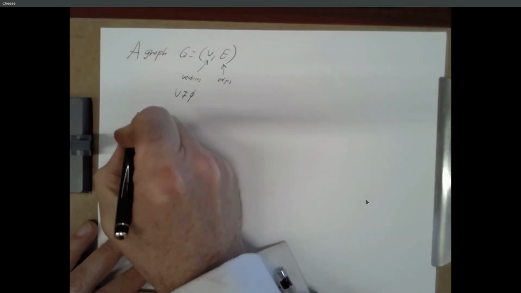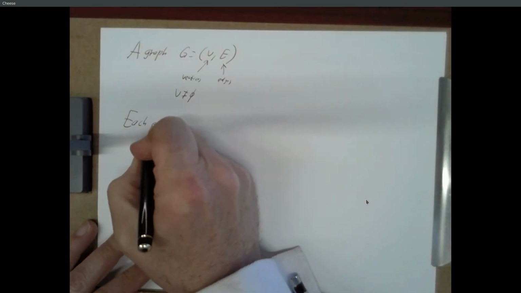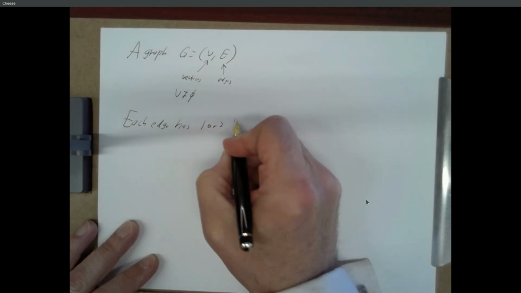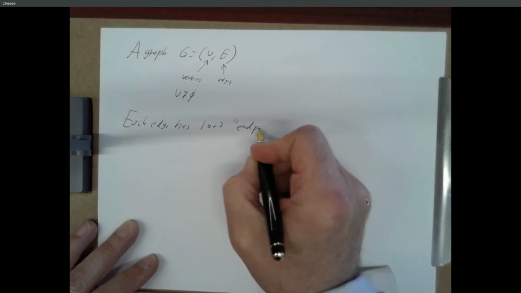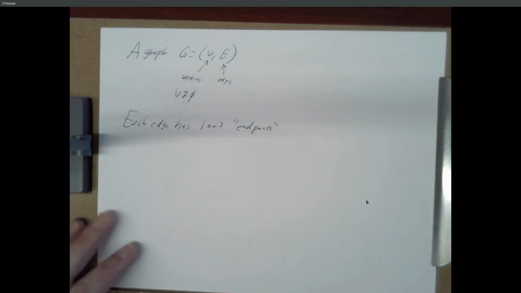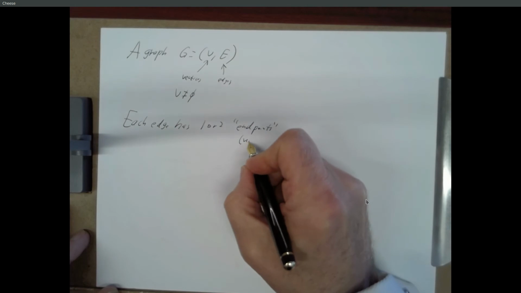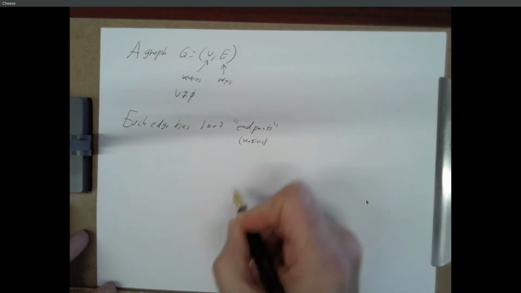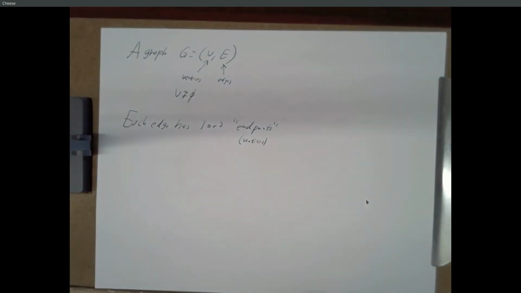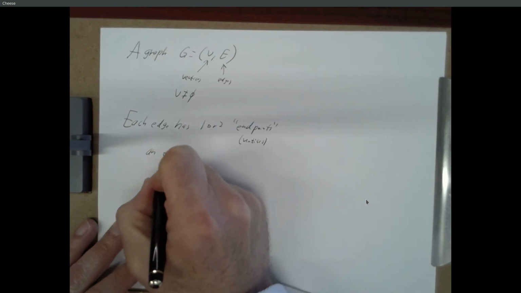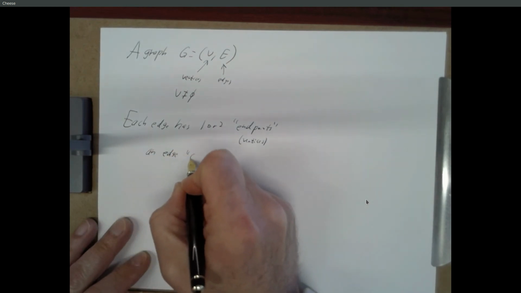Each edge has one or two endpoints. And an endpoint is a vertex, so it has one or two endpoints which are elements from the set V. And we can say an edge connects its endpoints.